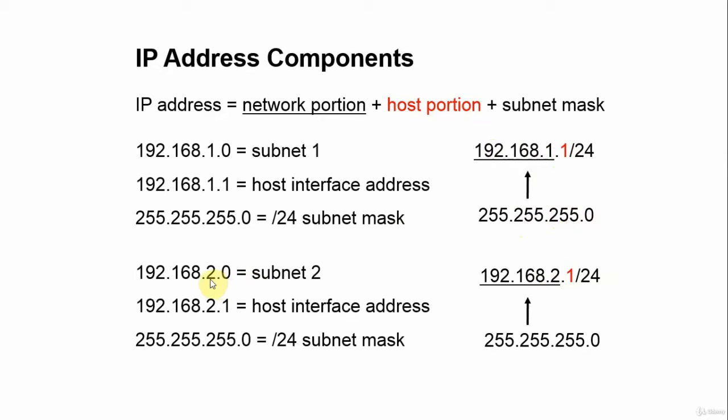If you go through, you notice that the 2 changes, that's the third octet, because that's what happens with a /24 mask. It's always the third octet that changes. And the range is going from 1 through 255, and then on to the host address and such. So it's pretty much the same thing.